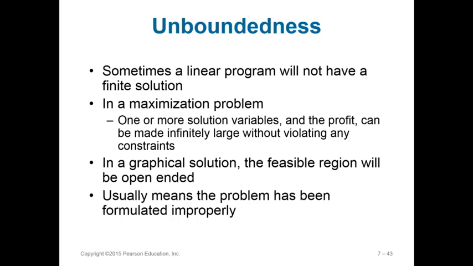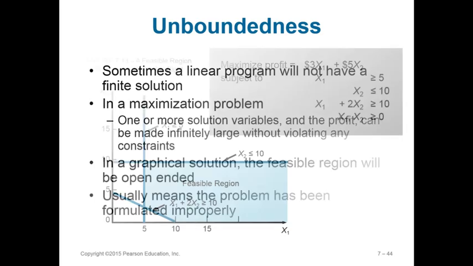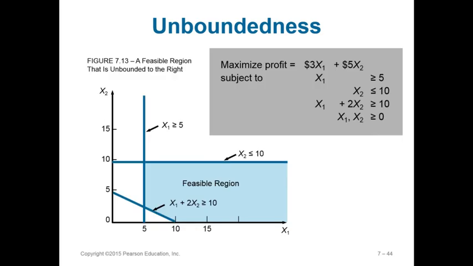Unboundedness means there's not an optimal solution because it's almost like it's free. If you're telling people breathe air, I'm going to charge you for the air that you breathe, well, unless you have a way to limit the amount of air that's out there, people can just walk outside and breathe air. If you find yourself in that situation, it's because of the way the constraints are written, it's a completely open thing.